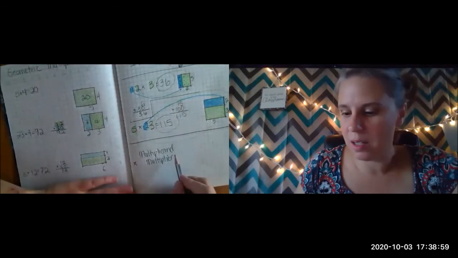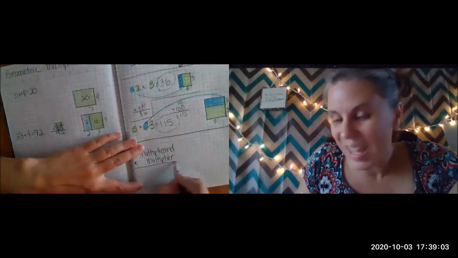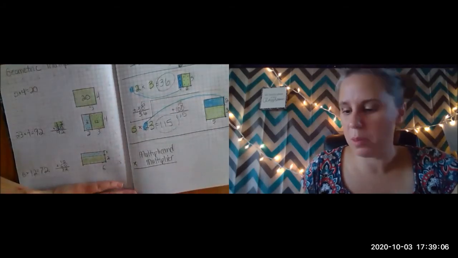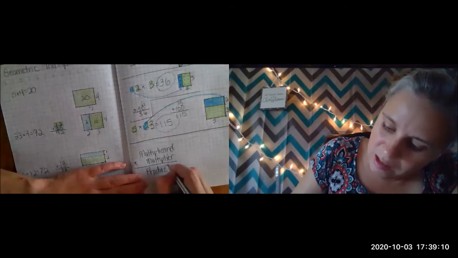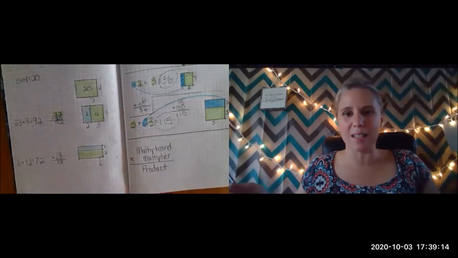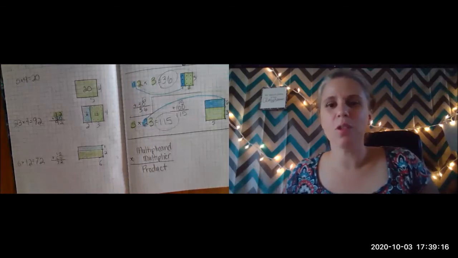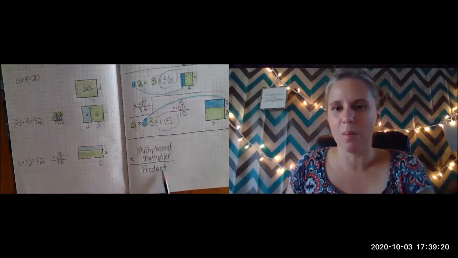The multiplicand is multiplied times the multiplier. And the answer to a multiplication problem is called the product. And you might sometimes be asked, what's the product of 5 and 6? That question is asking you to multiply 5 times 6 because the product is just the answer in a multiplication problem.